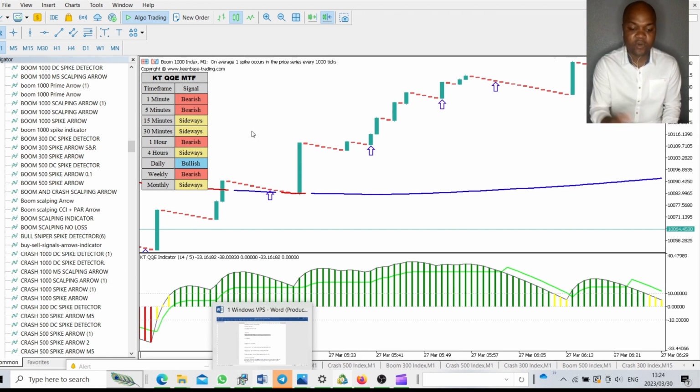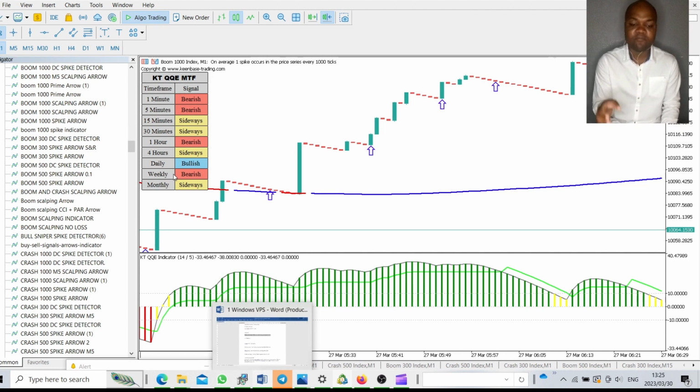So on the 1 hour, 4 hours, or maybe the daily, you must also have a bearish trend. In that way, with at least 3 time frames agreeing that there is a trend supporting your buy or sell decision, you are in a position to catch spikes.